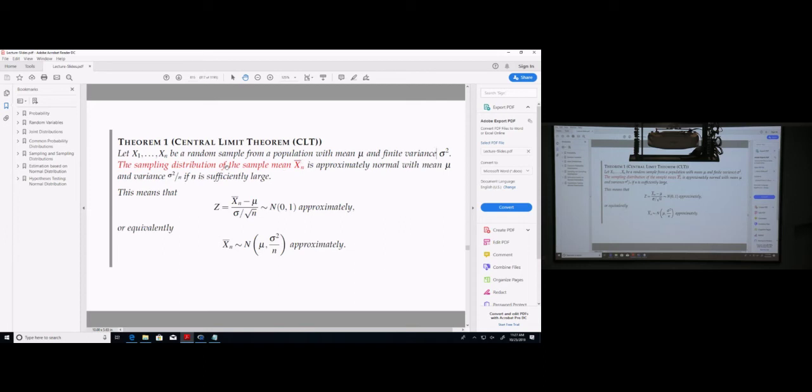But now, if you look at the sample mean Xn, and then if you standardize it, all right, subtract the mean mu, and then divide it by this. Now, why do I have a sigma over square root n? Because I'm dividing by the standard deviation of the numerator.